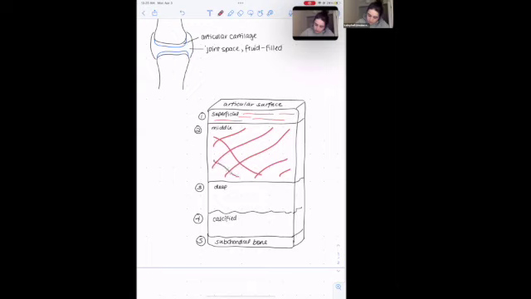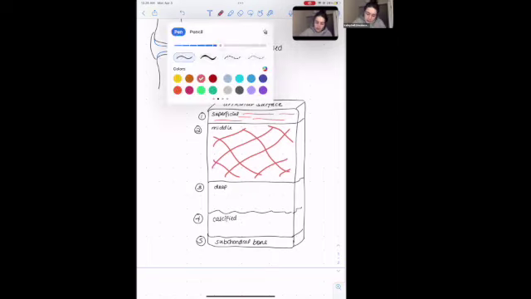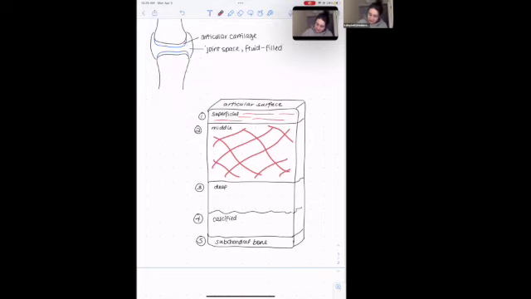So you can tell from this arrangement that the parallel would help, on the surface, to resist wear and shearing forces, whereas the oblique might help as a first line of defense against compressive forces. And then the collagen gets even thicker as you get down into these deep and calcified layers, and it looks like this. So it's arranged perpendicularly.